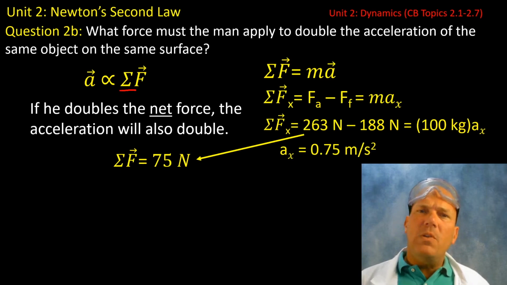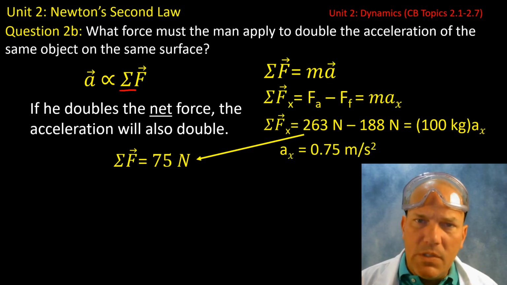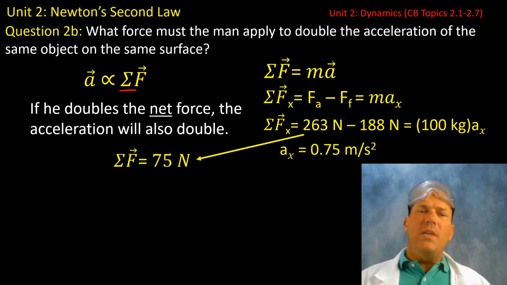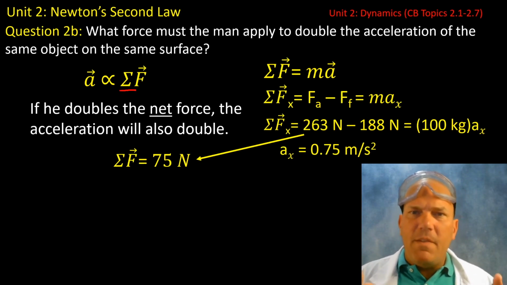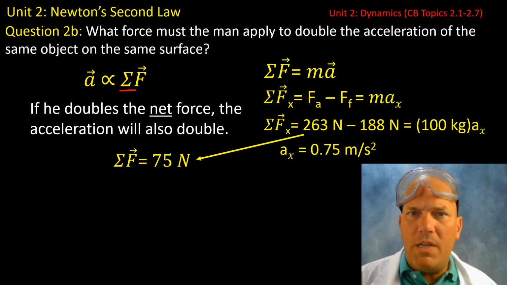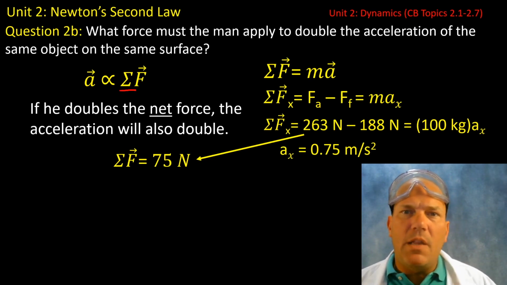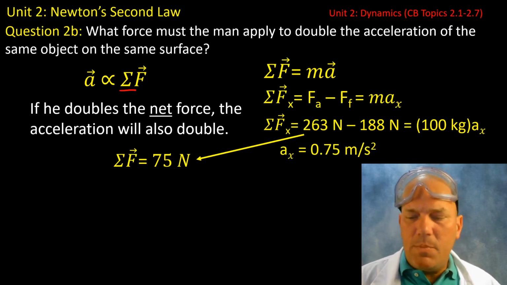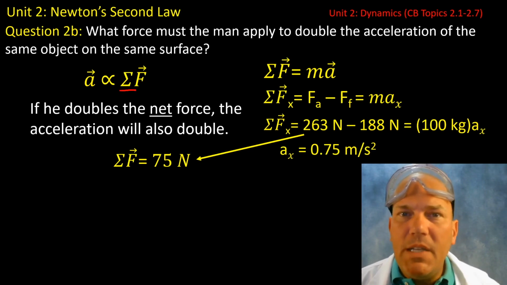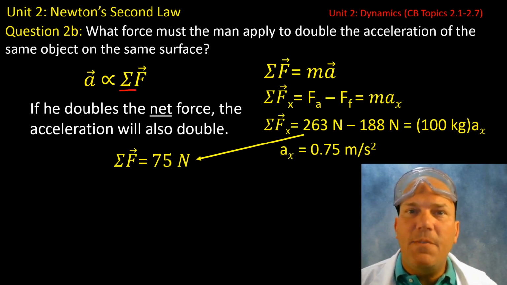And that net force of 75 newtons resulted in the acceleration of 0.75 meters per second squared. Now, we want to double that. We want the acceleration to be equal to 1.5 meters per second squared. That means we need to double the net force.